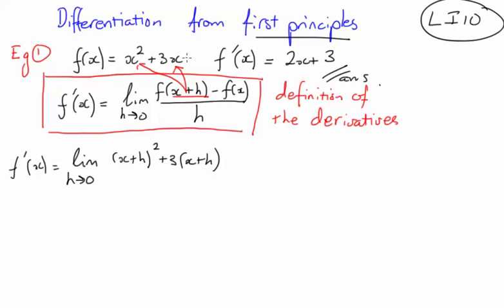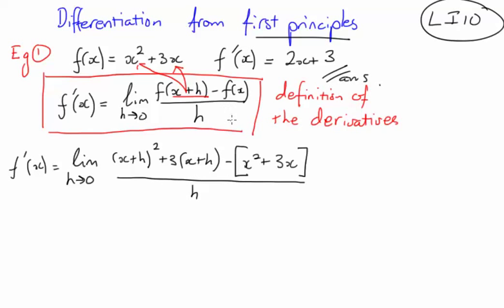So the x's of this function are replaced with x plus h. Minus, and do a big bracket here because it's a minus, and that minus is going to expand into everything. F of x, well, that's f of x, and that is all divided by h.